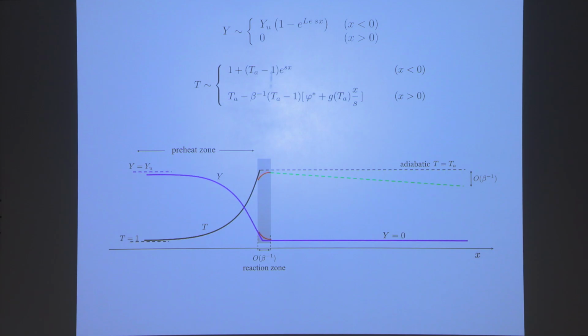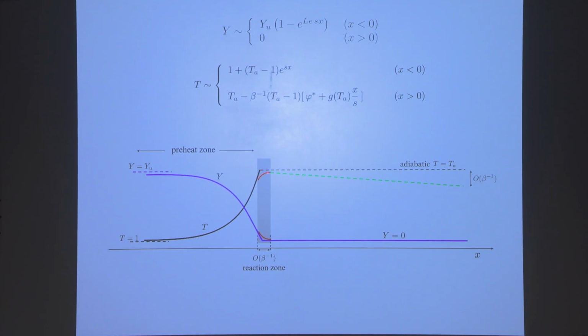I think before doing this, I just put a plot here to show you what we have accomplished. Here is the y, the mass fraction, it just drops to 0 and stays at 0. The temperature, of course, the scale of those two graphs is not the same because this is 0 for y, this is 1 for T. T goes from 1 up to the adiabatic temperature.